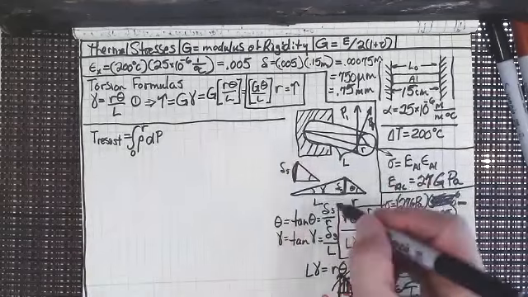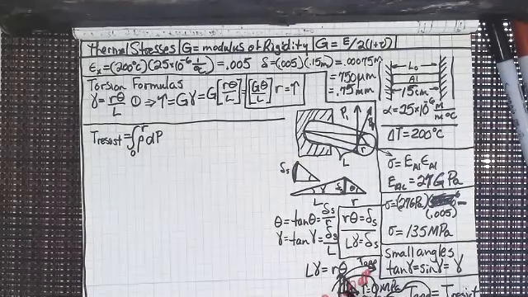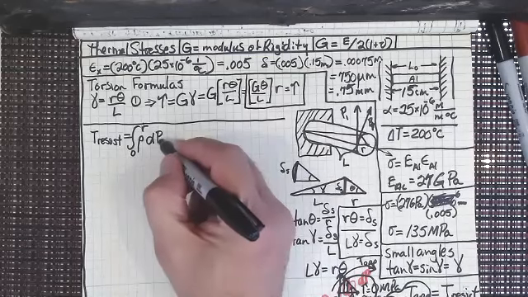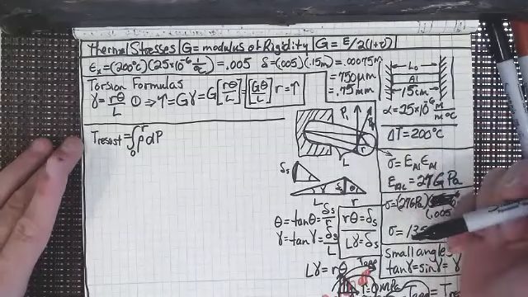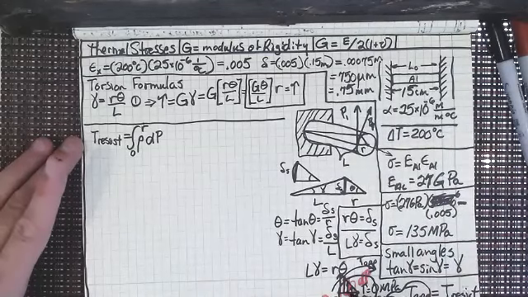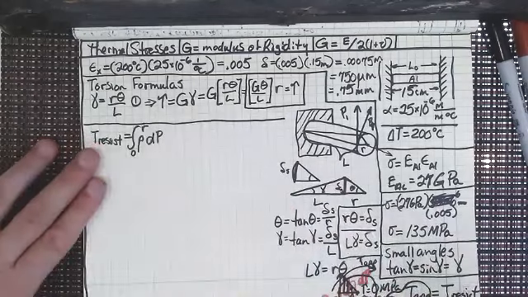My resistive force is going to be all of these small little resistive stresses times the cross-sectional area, and I'm going to sum all of those from 0 out to R. Does everybody see that? Now let's replace dP with what it is, because we know that dP is just going to be the stress times dA.